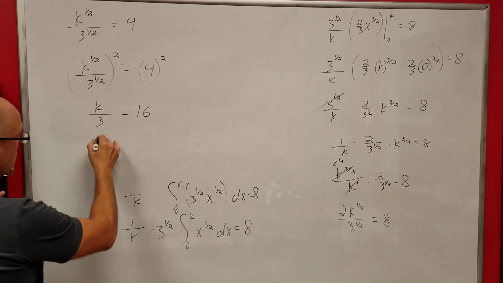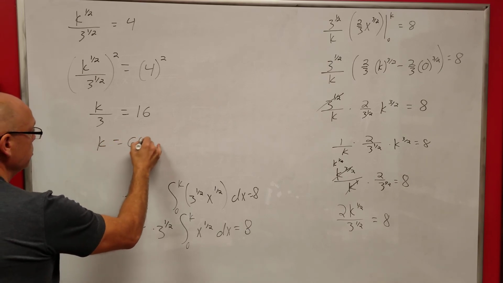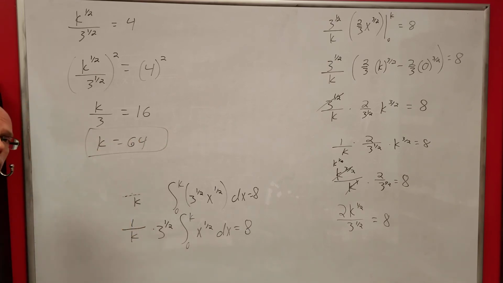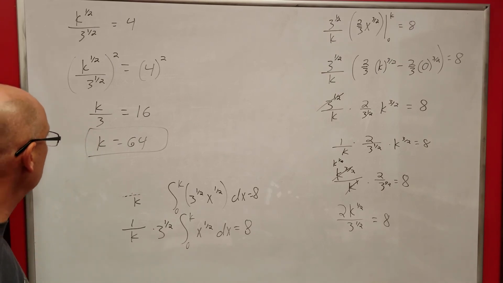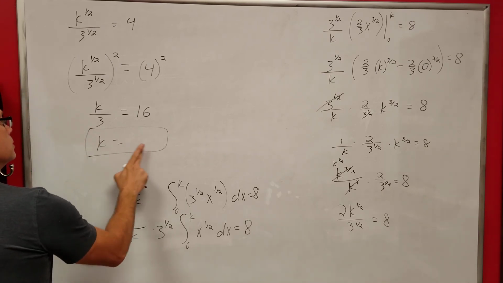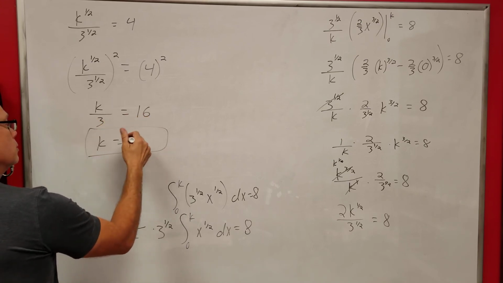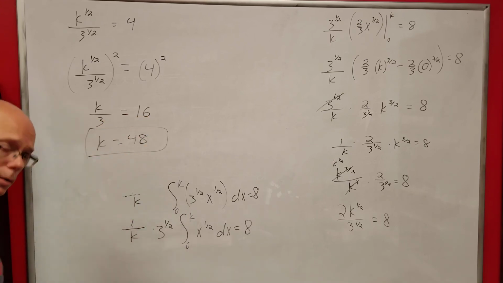Then just multiply both sides by 3. k is what? 48. I found my value of k. Oh, I multiplied wrong, didn't I? It says 64. What is that actually? That makes the average value of that function an 8, like they said.